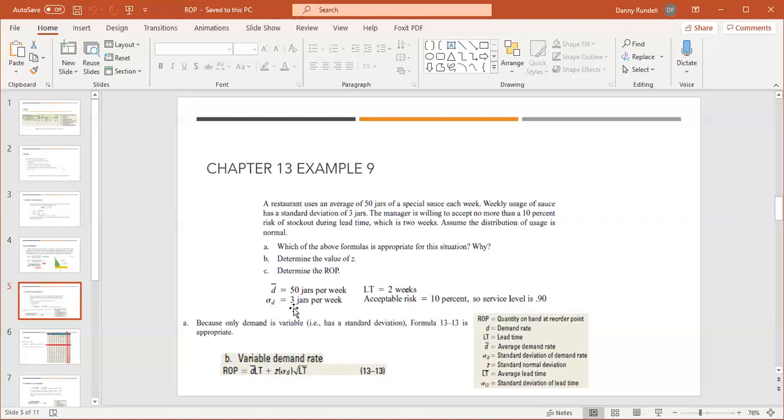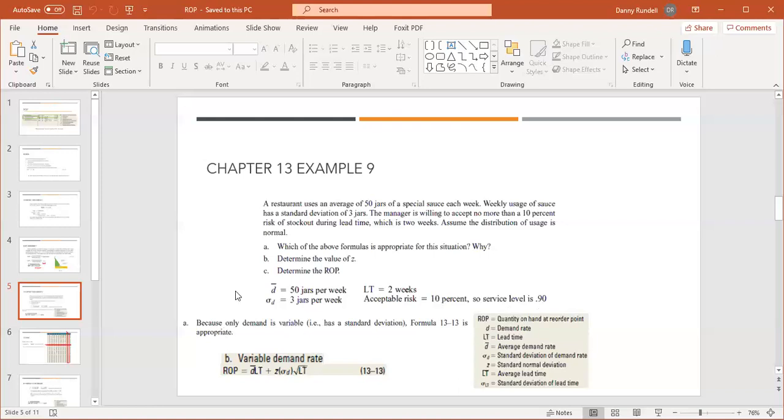But that just means we might need 3 extra jars. And then the lead time is 2 weeks. Acceptable risk is 10%. So service level is 0.9. Your service level is always 1 minus the risk, okay? So 1 minus 0.10, that's 10%, would give you the 0.90.